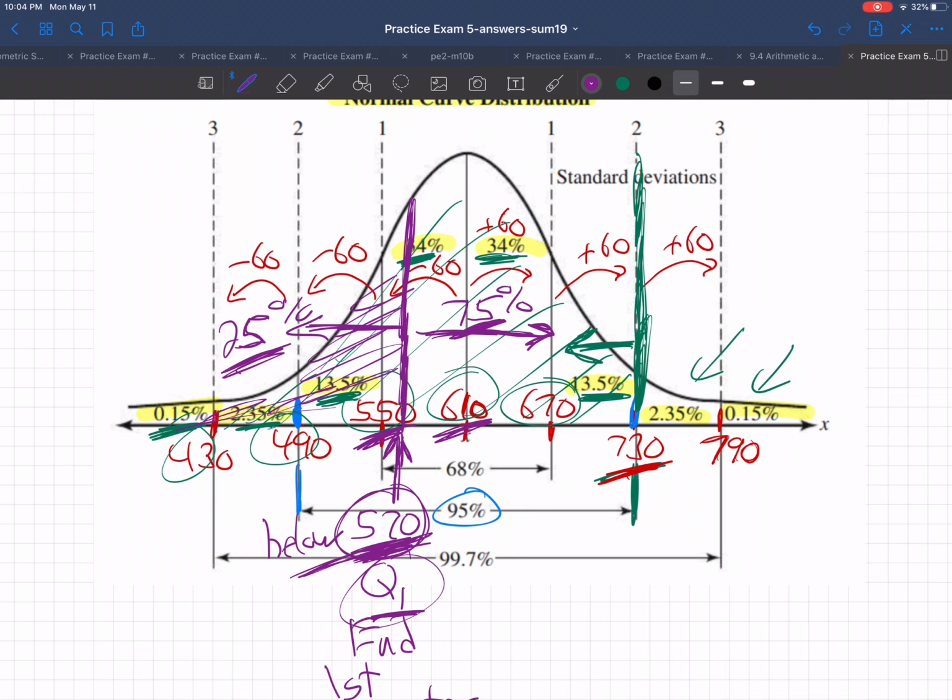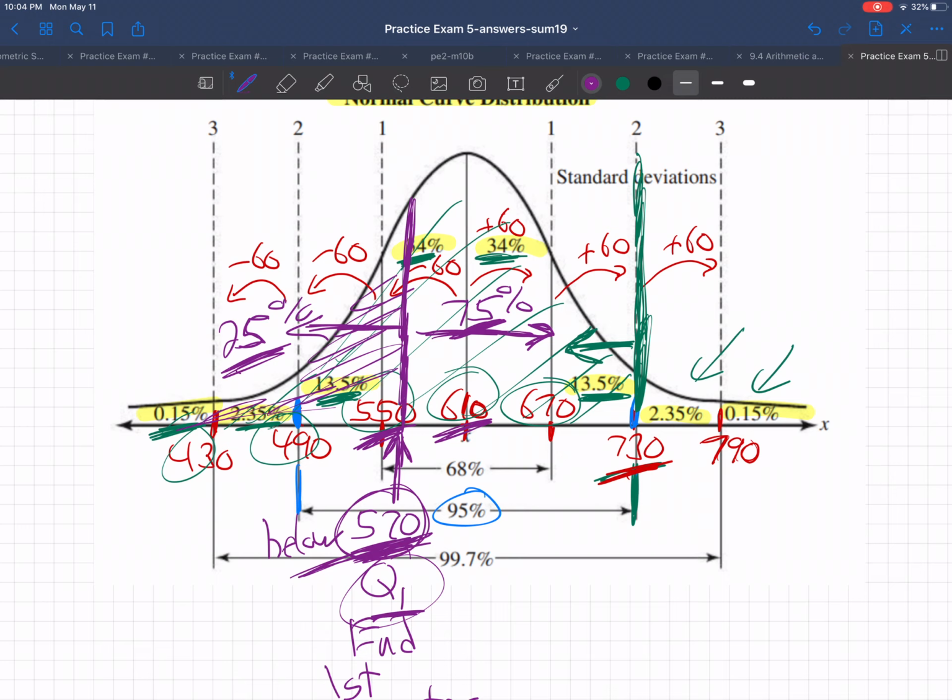So that's 0.75 times 4,000, which is 3,000. So 3,000 students must have scored more than 570, because that's the end of the first quarter, 75% above it. All right, finally, number 35.